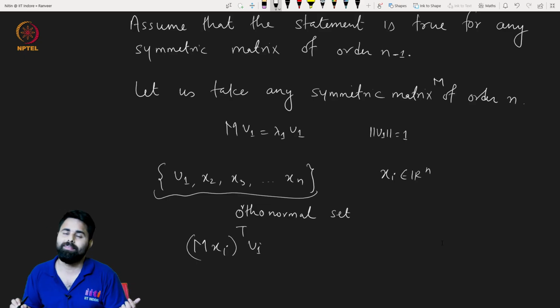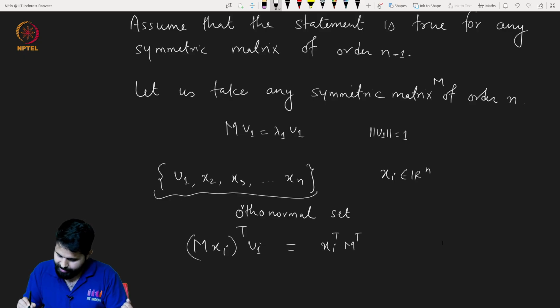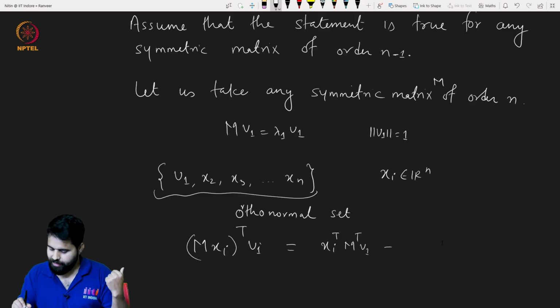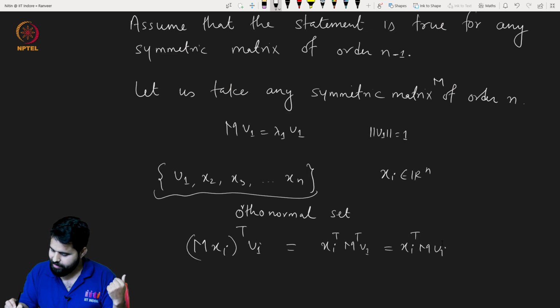what will it give? Let me solve it. Very easy. Xi transpose, if you open this, will be M transpose and v1. Now since M is symmetric, this can be written as xi transpose M v1, which is nothing but xi transpose lambda 1 v1.